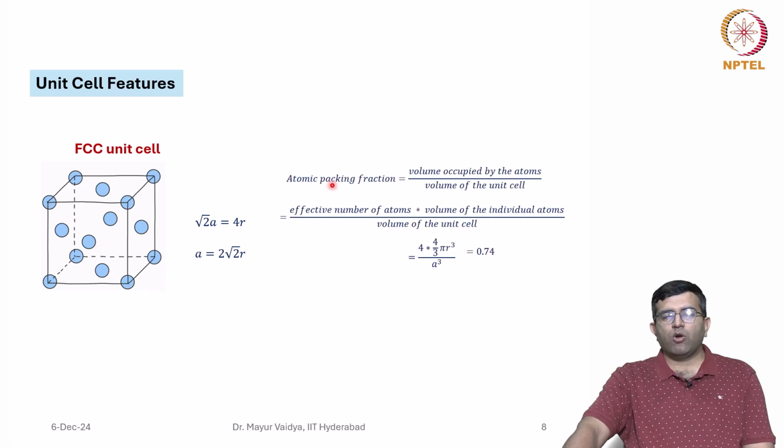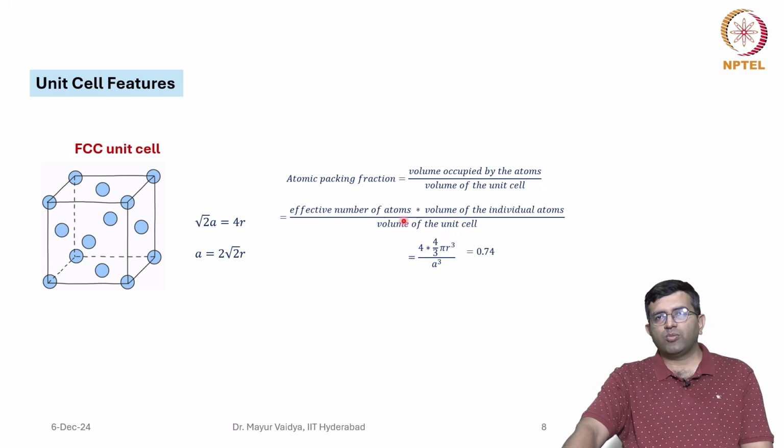which allows me also to calculate the atomic packing fraction. So, what is atomic packing fraction? It is the volume occupied by the atoms divided by the volume of the unit cell. The volume occupied by the atoms is the effective number of atoms times the volume of individual atoms, divided by the volume of the unit cell.